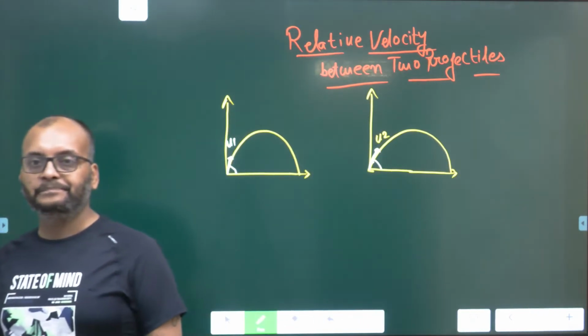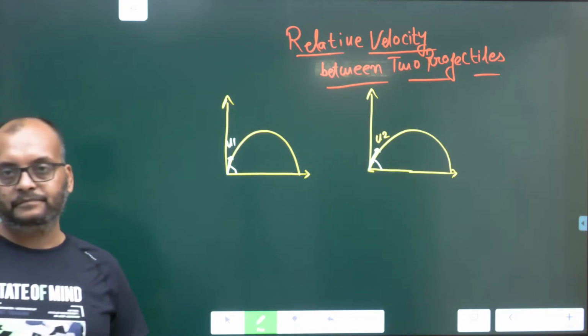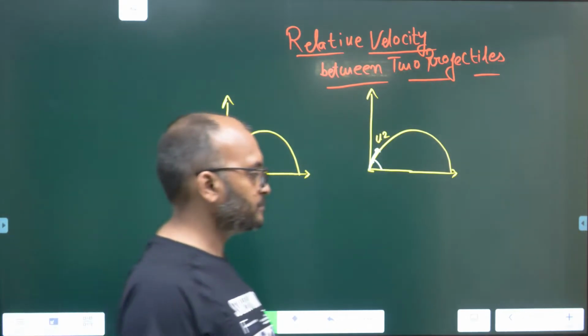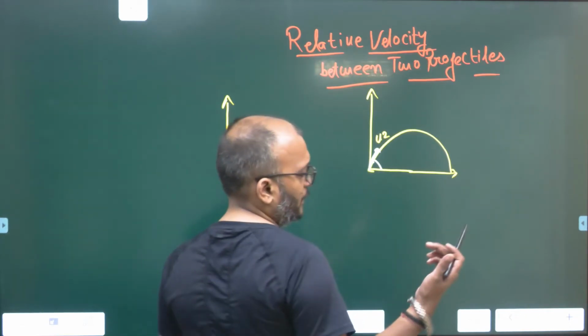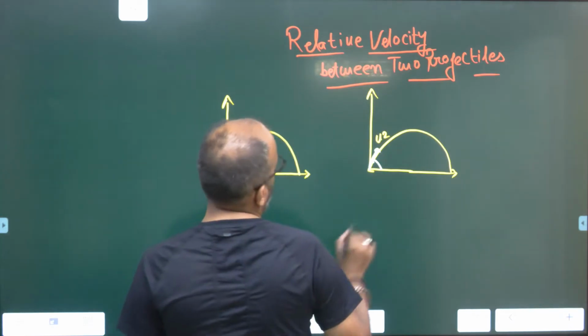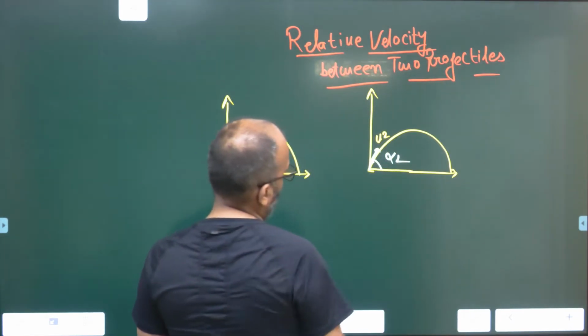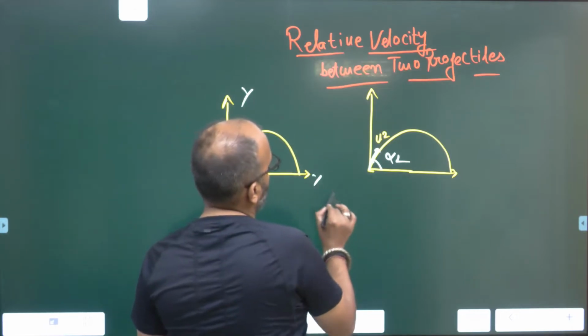Please see. Let's call the angles, you can call them anything, alpha, beta, gamma, whatever you want. I am calling them, let's say, alpha 1, alpha 2. So y-axis, x-axis.